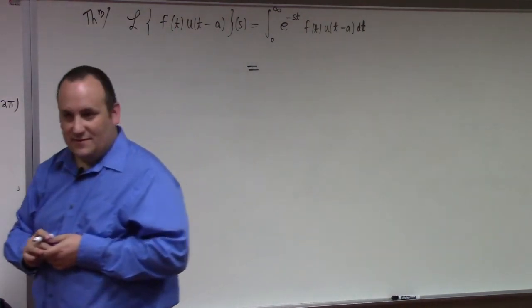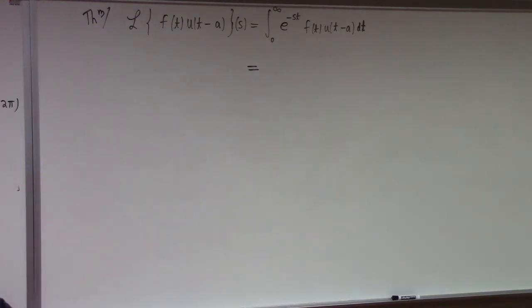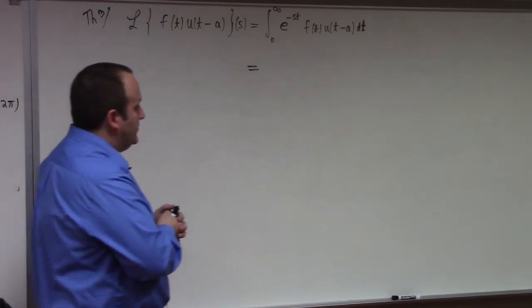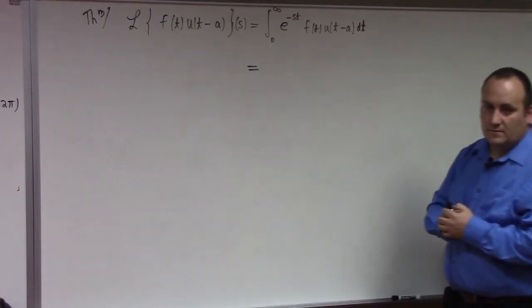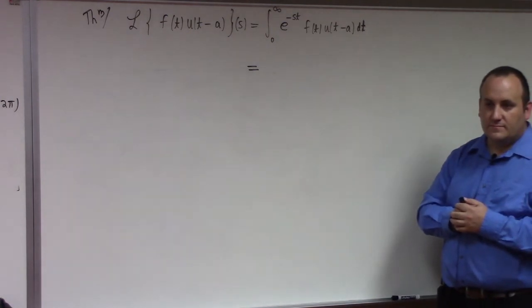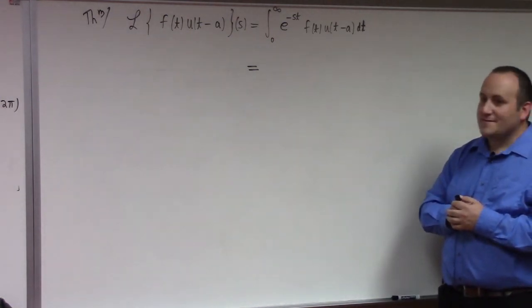Now this integration is very, very easy all the way up to time a. What's the unit step function before time a? Come on, you guys know. Oh, fine, I'll say it. 0, right?